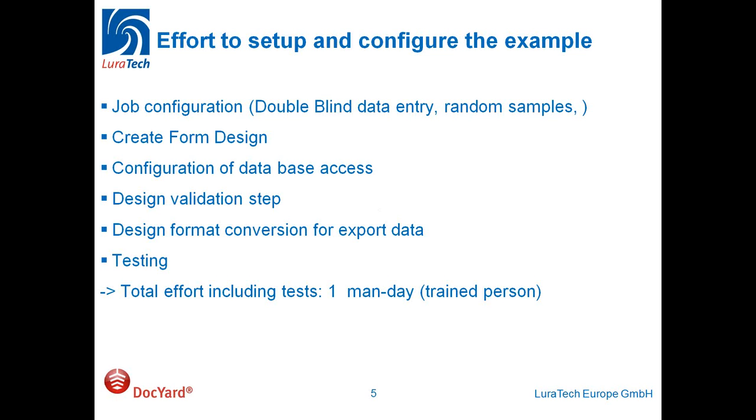It's all configuration. Once you have it up and running, you'll spend some time testing it. And a trained professional will spend no more than a single man day for a job like this.